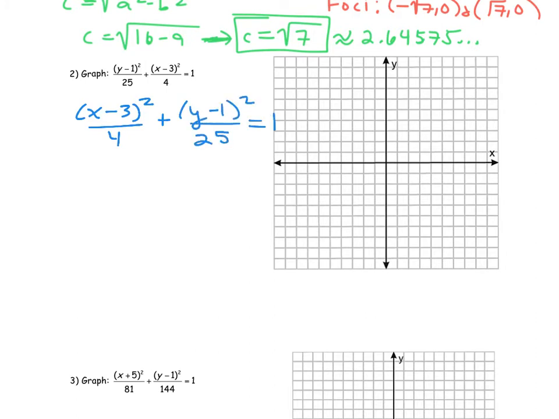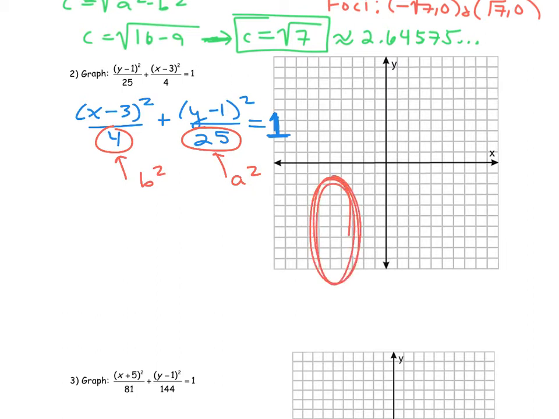If you need to, have that sheet out that shows you the different formulas. Now remember, the bigger number goes with the value along the major axis. So 25 is the bigger number, which tells me that this is really my a squared and this is my b squared. So I'm going to be looking at an ellipse that looks something like that on this axis.